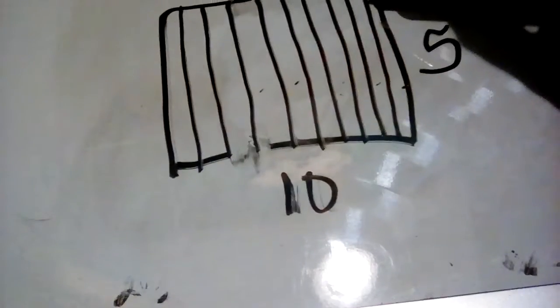1, 2, 3, 4, 5, 6, 7, 8, 9, 10. So that means that there's 10 lines this way and there's 5 lines this way. 1, 2, 3, 4, 5.